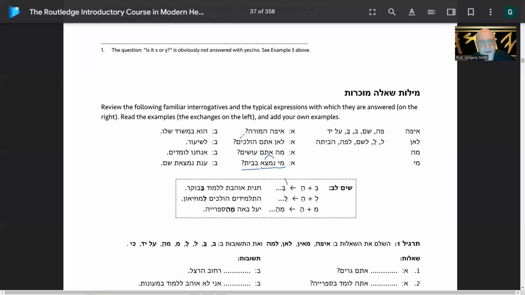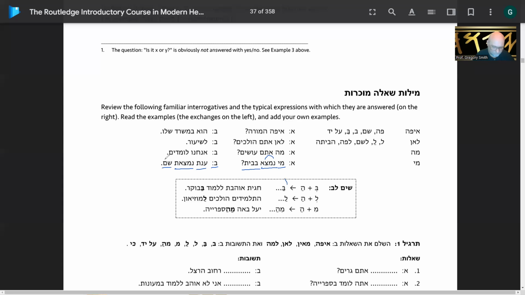Who's okay? And then bet is Anat. That's the proper name. Nimtzet. She's located, and I bet you that's sham. Sham means there. Anat nimtzet sham.